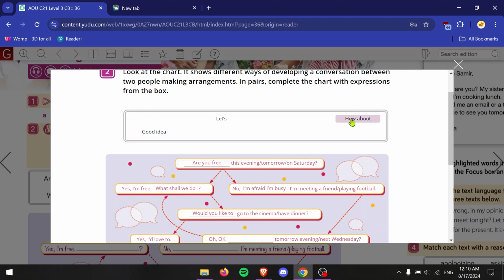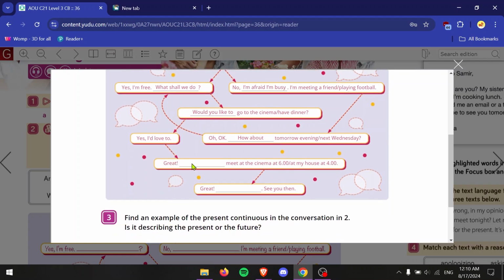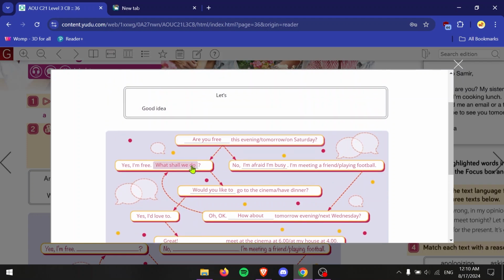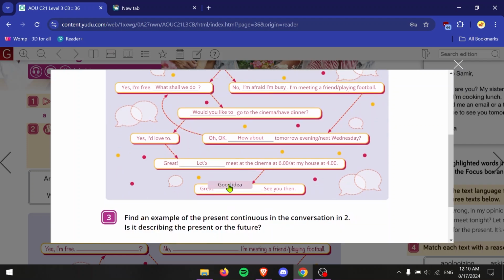How about tomorrow evening? Basically, you're still continuing the conversation in hopes that you'll plan a different time or a different day. Great. Let's meet at the cinema at 6 or at my house at 4. And if not, then it'll be great or good idea.